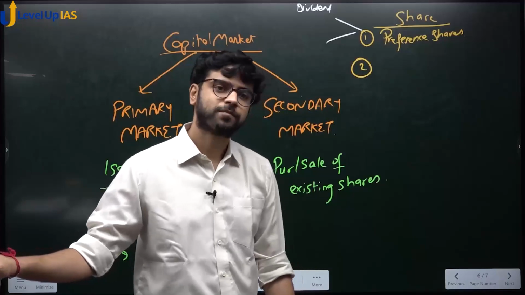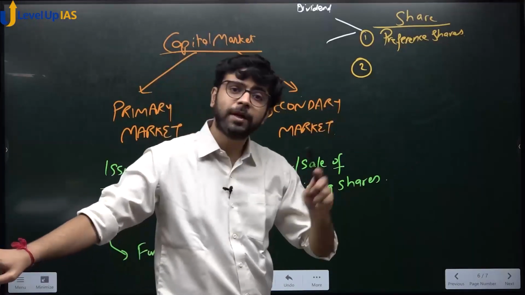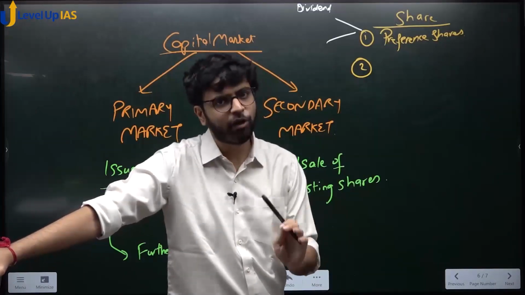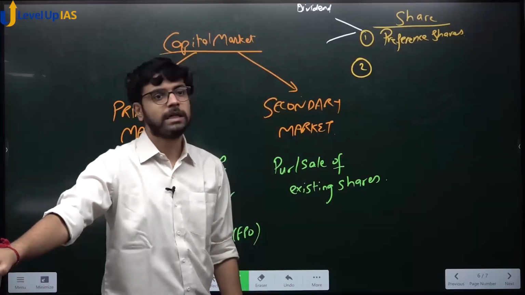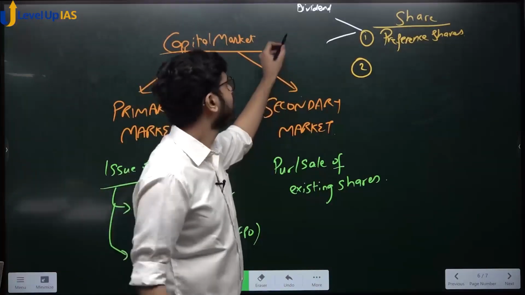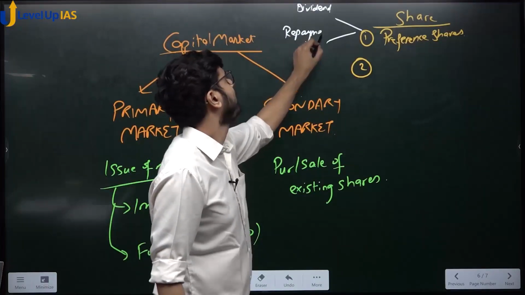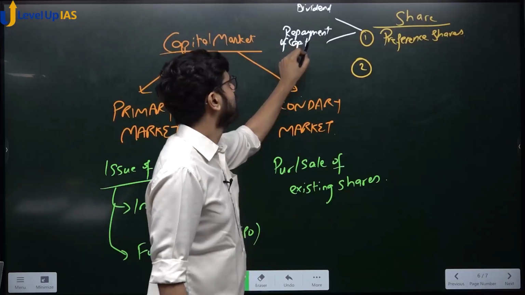Who was last? Owners. If the company closes down, obviously you will follow the waterfall. Whatever money remains at the end, we want it before you. So they get a preferential right in repayment of capital.